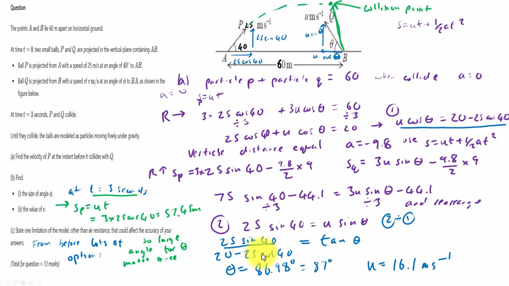Just saying that the final answer of 87 would make sense because at t equals 3 seconds, your SP, your distance horizontally from P, is 57.45 meters. So let me highlight this.